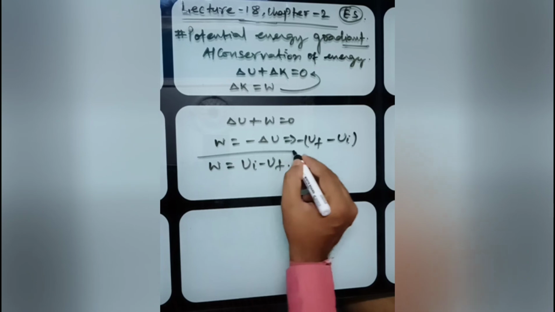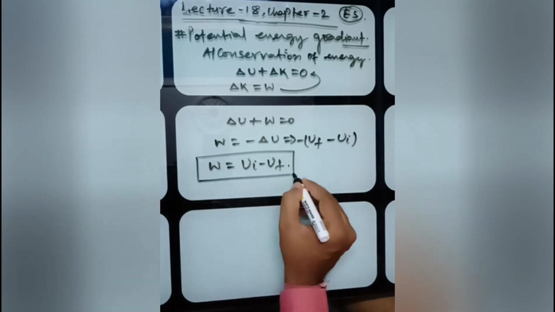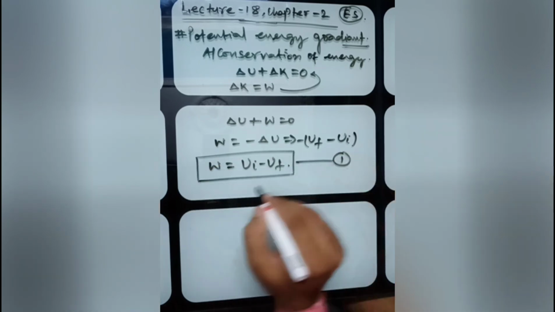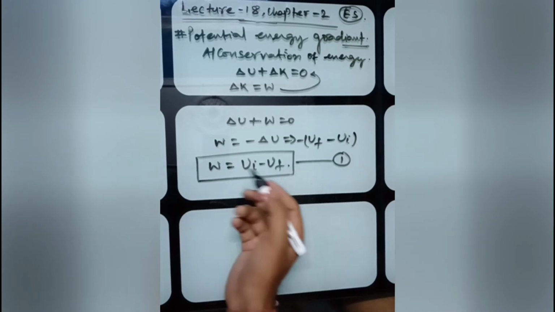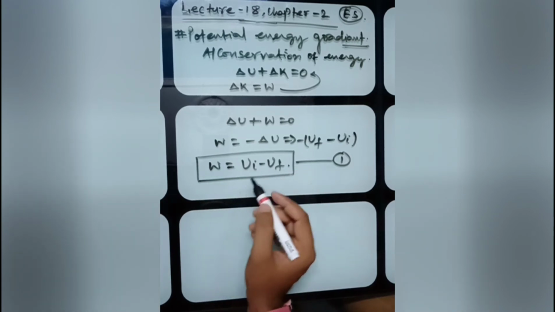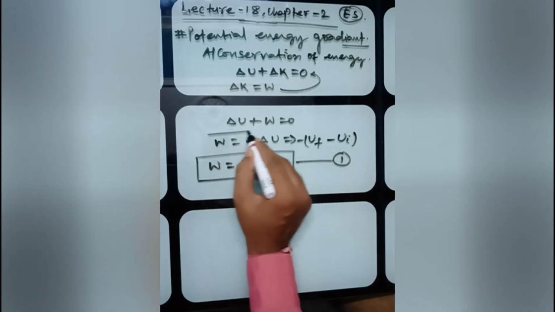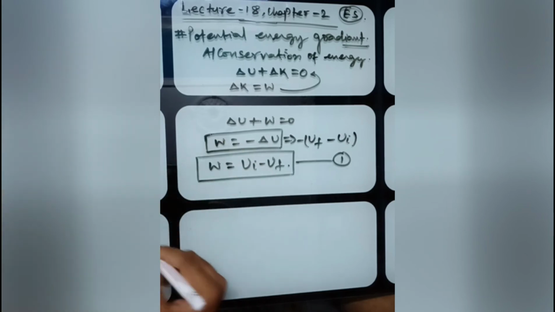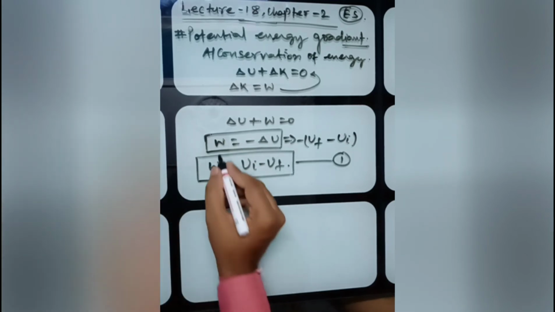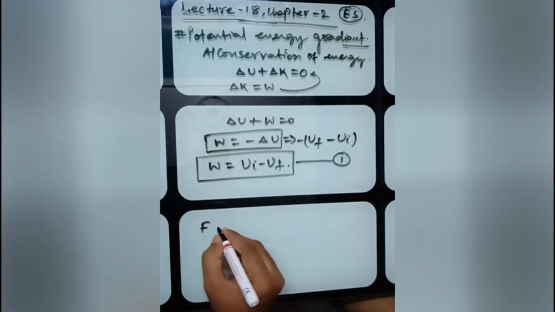We will use this equation in integral form also, my dear students. This is very, very important. From this equation, we will find the potential energy gradient. Work done is force times displacement.